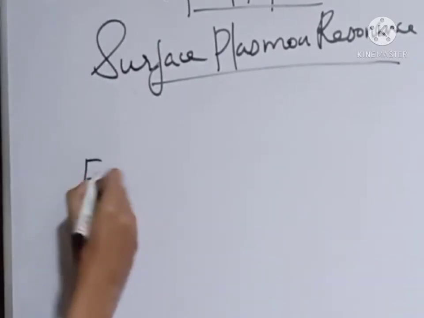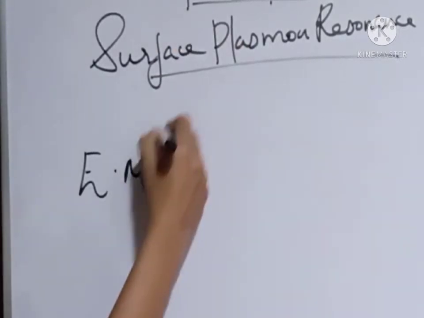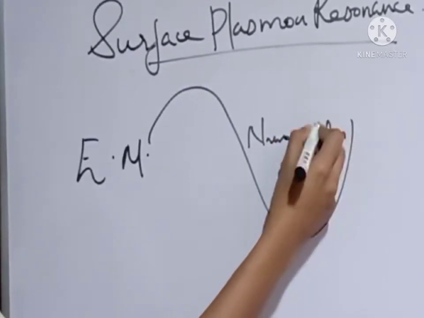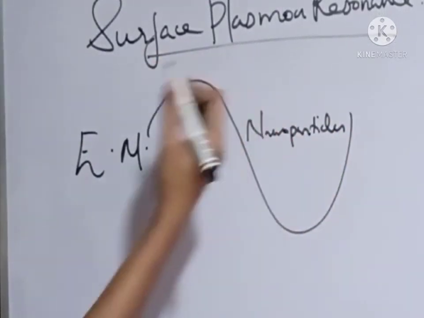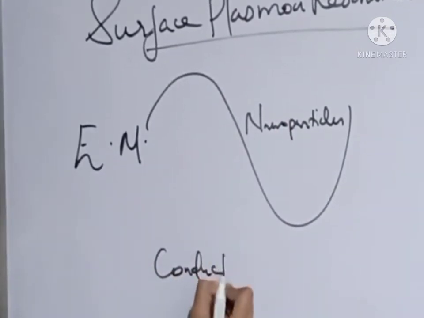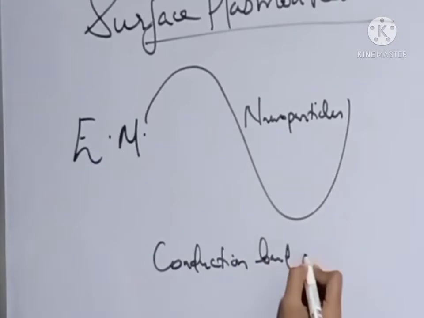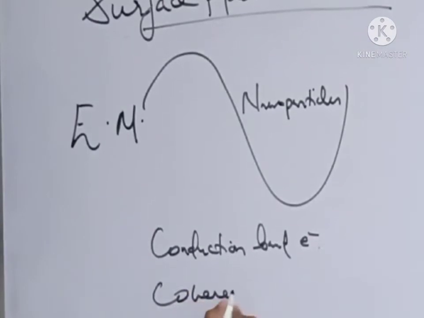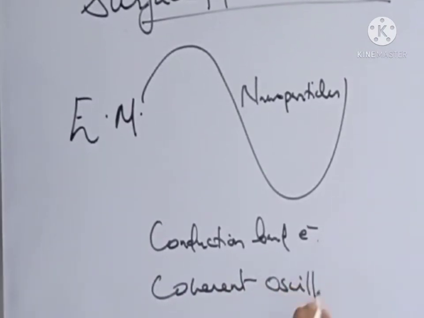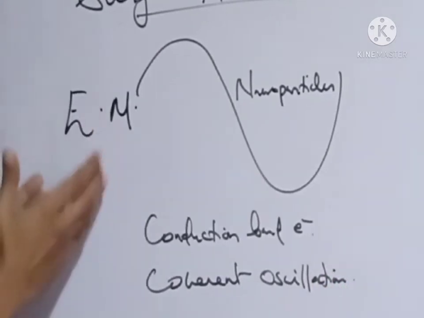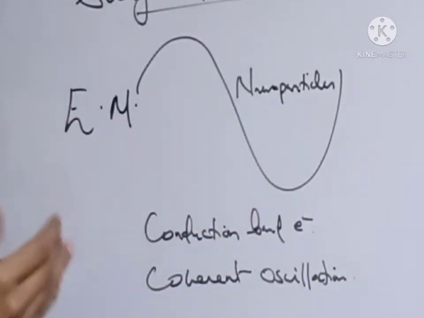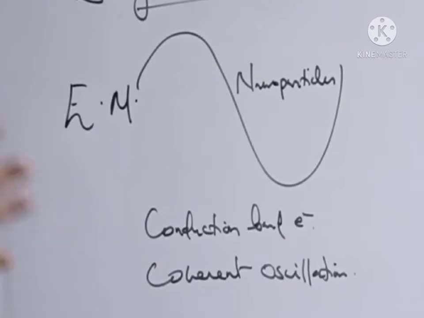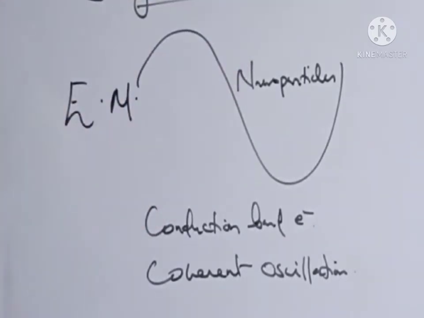Actually, when electromagnetic radiation interacts with nanoparticles, the conduction band electrons in nanoparticles undergo coherent oscillation, and that process is known as surface plasmon resonance.